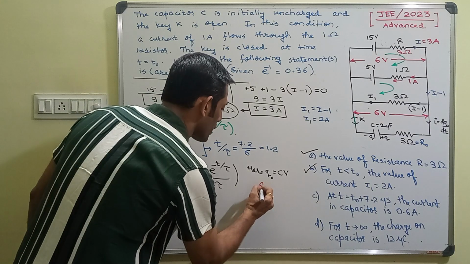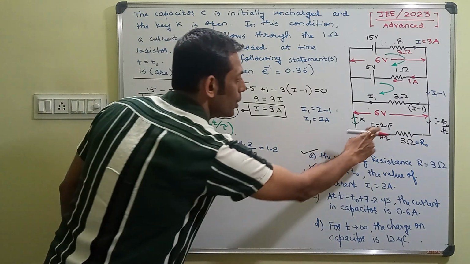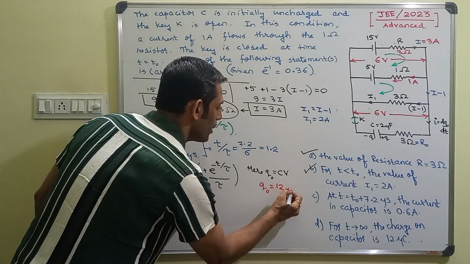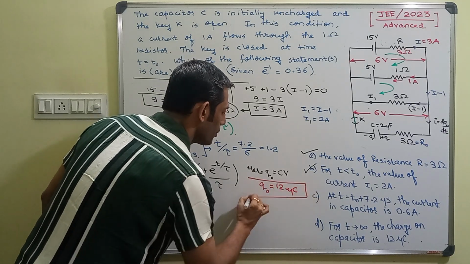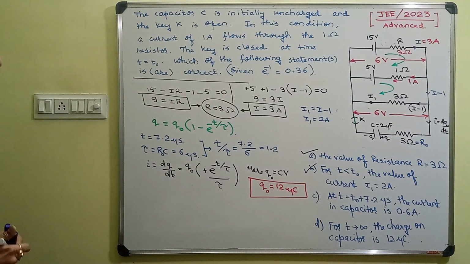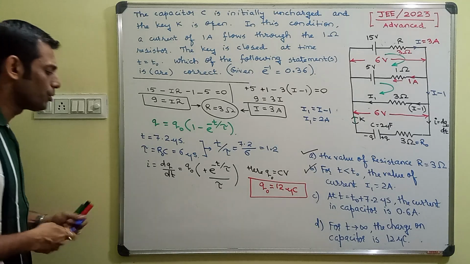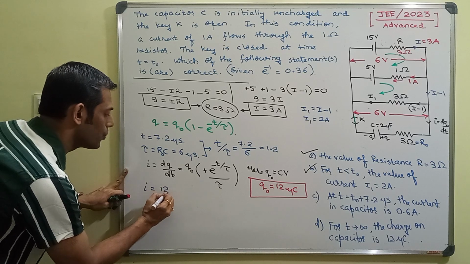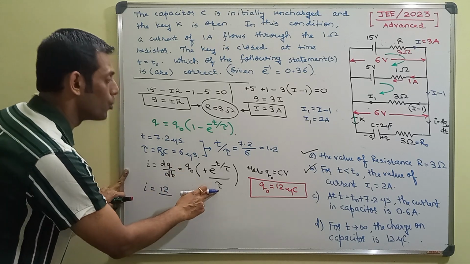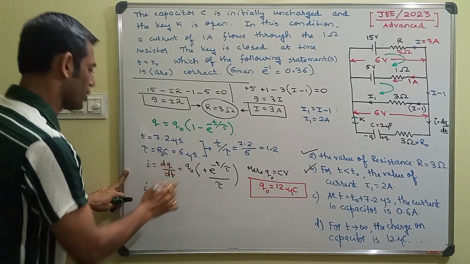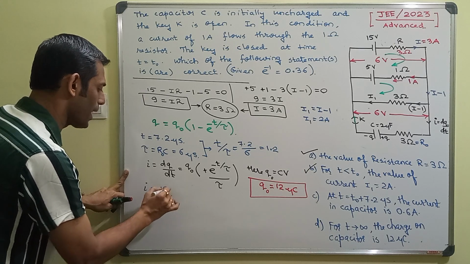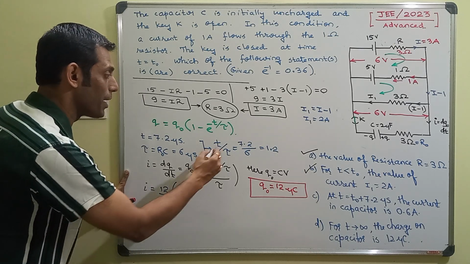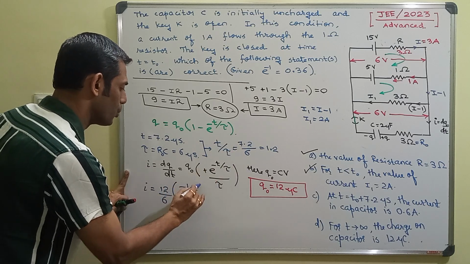So I have this Q naught value as equal to 2 microfarads into 6, that is 12 microcoulombs. This is the Q naught value. Now, if you put this into the calculation, I becomes equal to Q naught, which is 12 micro, by tau. Tau is equal to 6 micro. So micros cancel. And what remains is e to the power minus t by tau, that is 1.2.